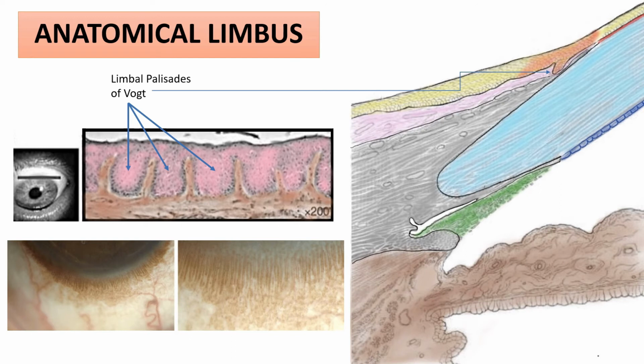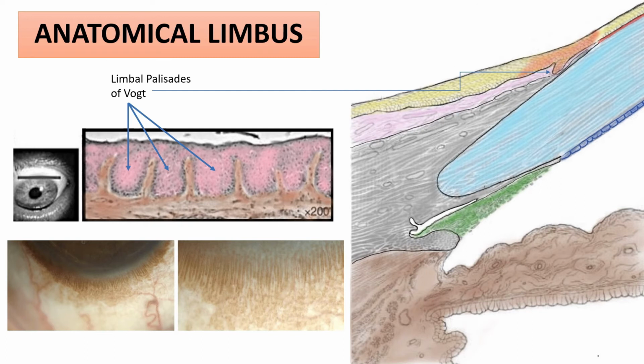So now we have seen that the anatomical limbus is defined from a histological perspective in cross section. So what is the important clinical application of understanding the anatomical limbus in such detail? It doesn't have much role for us surgeons, it is more helpful to the pathologists to identify the anatomical limbus.